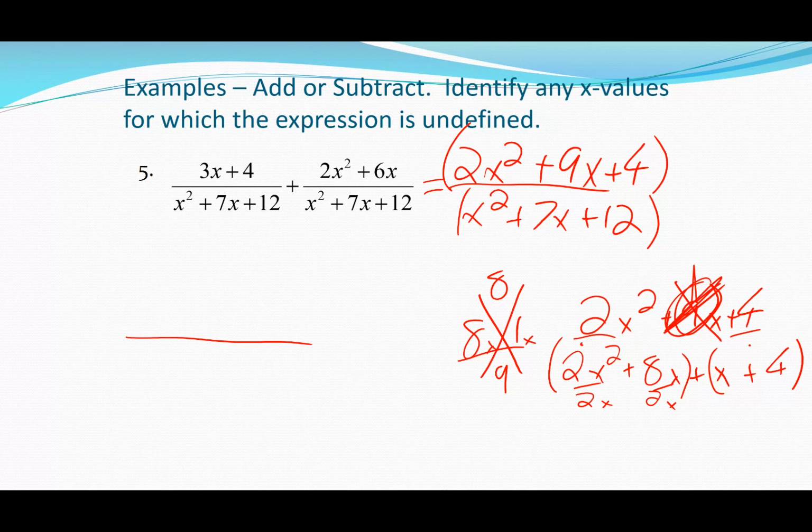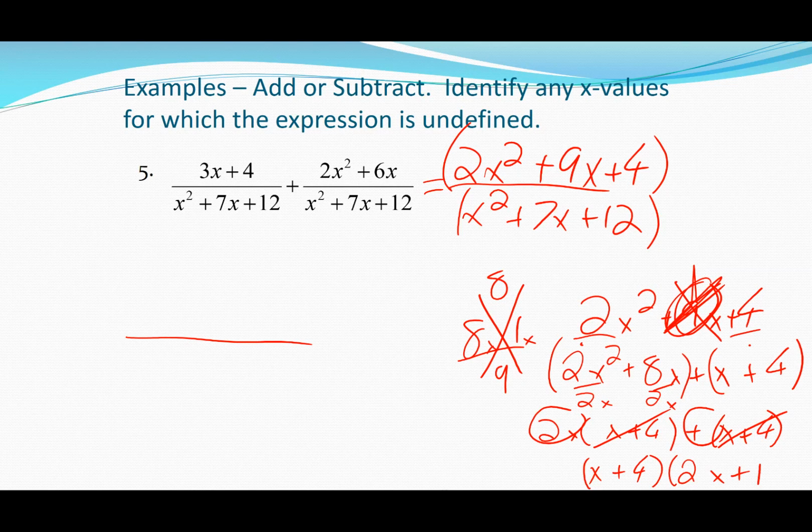That's the GCF, so this would be 2x times x plus 4. And then the second group already is x plus 4, so we're not going to change that. So the factors would be x plus 4, because that's the common factor, and then 2x plus 1 is the other. So that's the numerator: x plus 4 and 2x plus 1.